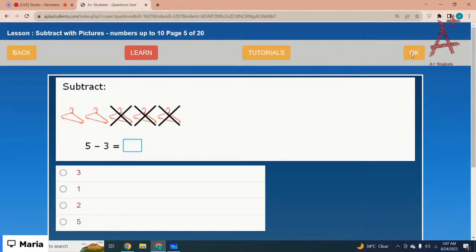So it would be 5 take away 3 equals 2. The correct option is 2. 5 take away 3 is 2, so you're left with just 2.